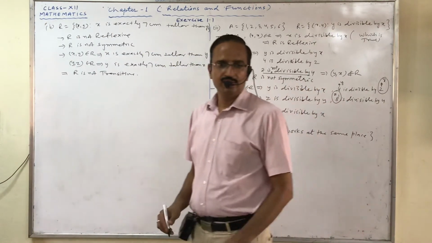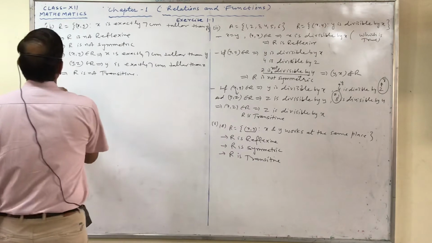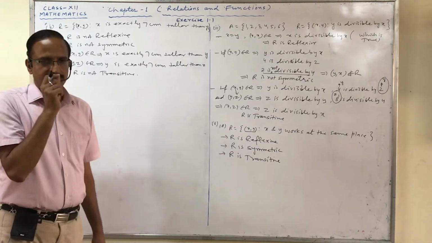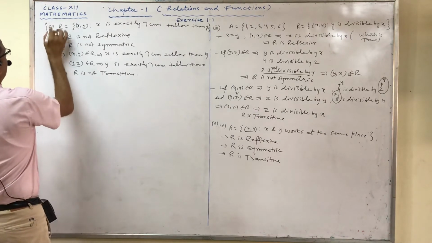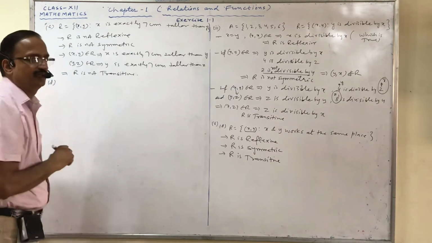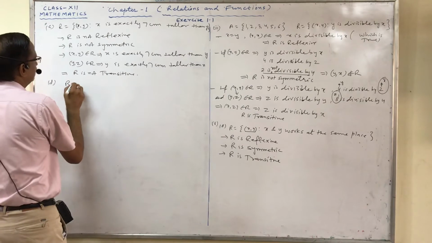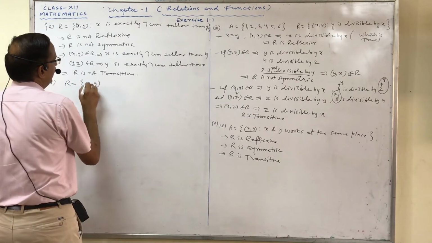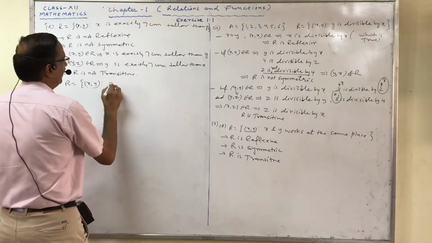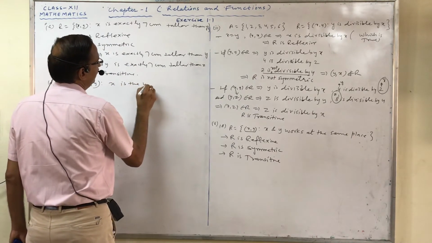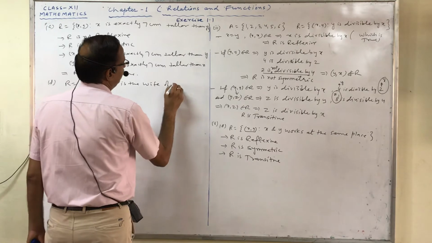Now, the last, that is, we can say D part. This is C part, and now I am considering D part. The relation is xy, where x is the wife of y.